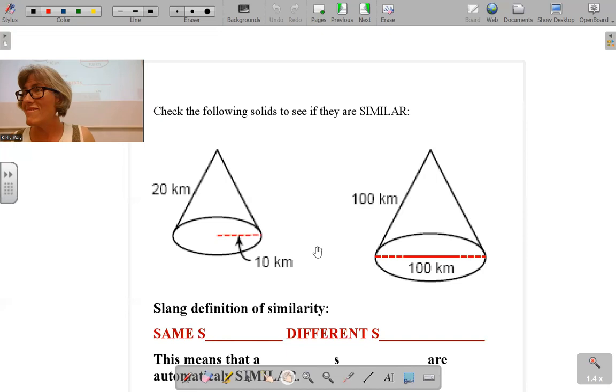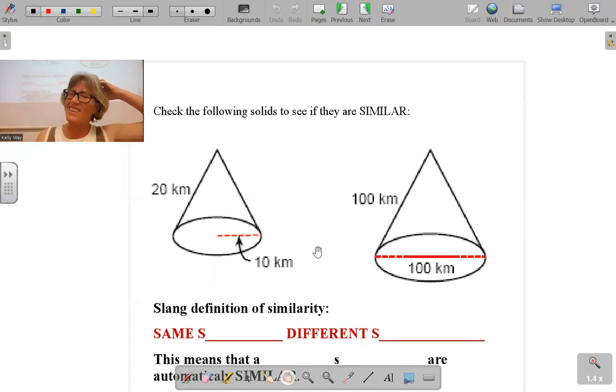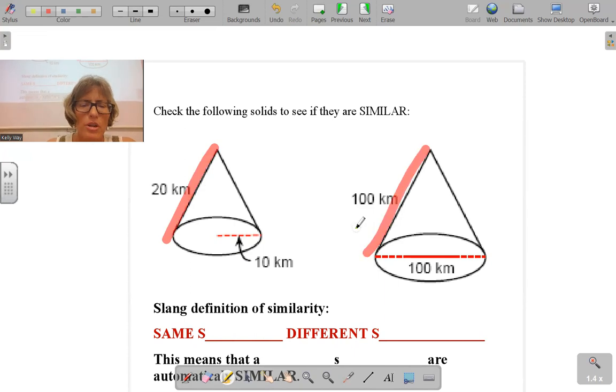What are your thoughts? I didn't get there yet. Okay. What is it you're comparing? The tilt. You mean the 20? Yeah. Okay, 20 to 100 reduces to what? What goes into both 20 and 100?